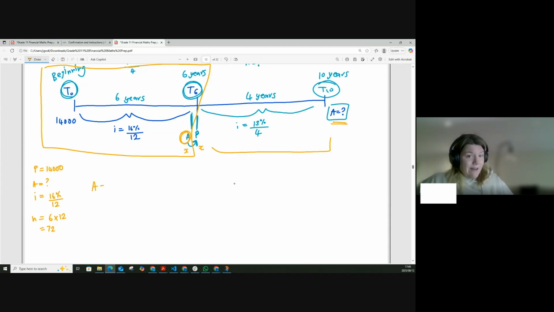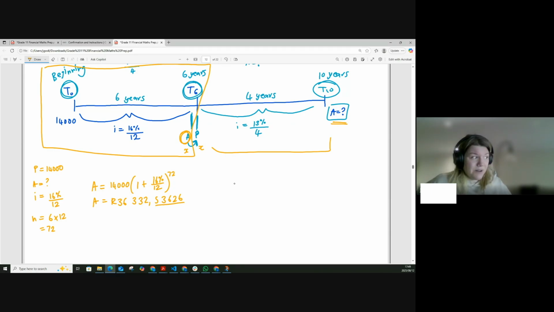So our A value is going to be 14,000 times (1 plus 16% over 12) to the power of 72. And if we work that out, we get the answer of 36332,53626. And we have to keep these decimal places, otherwise our answer is going to be wrong.